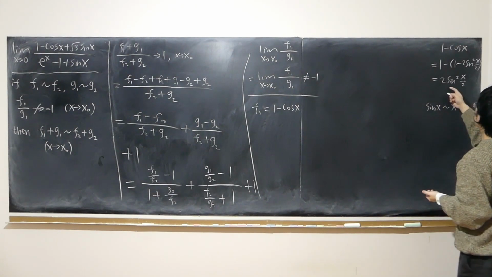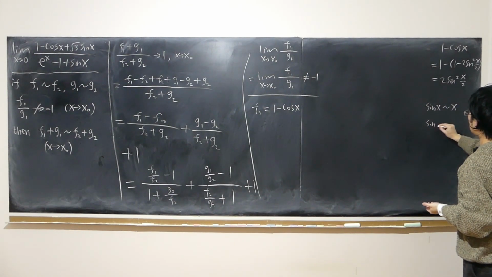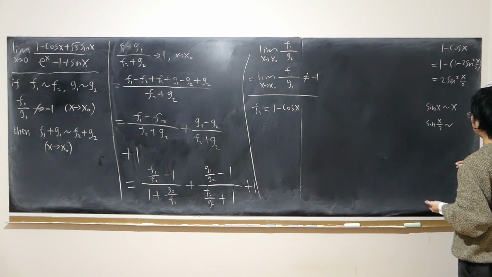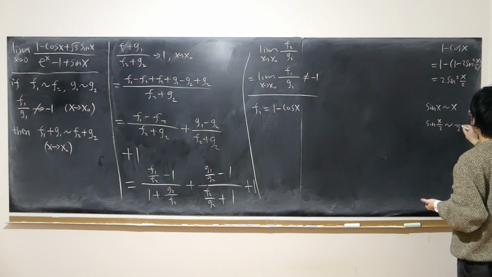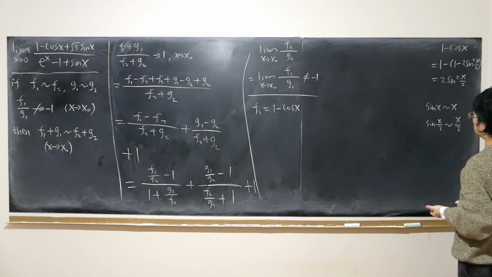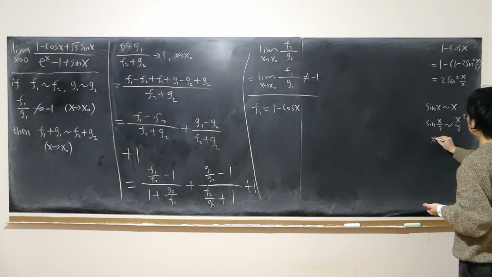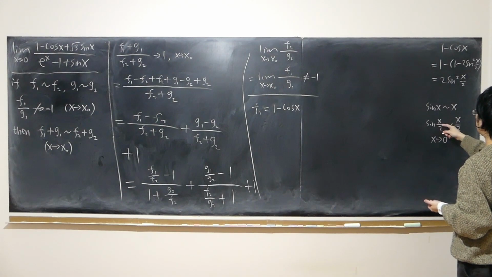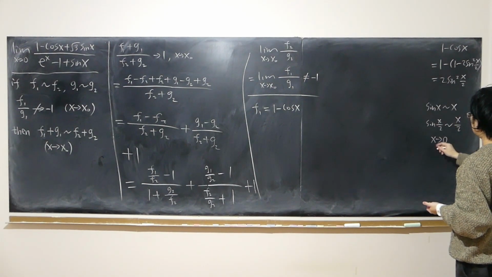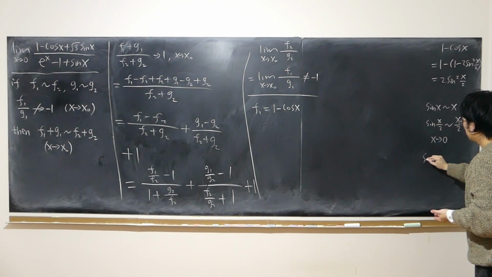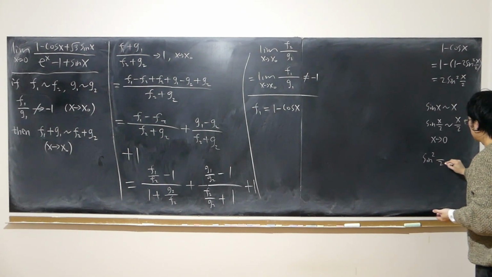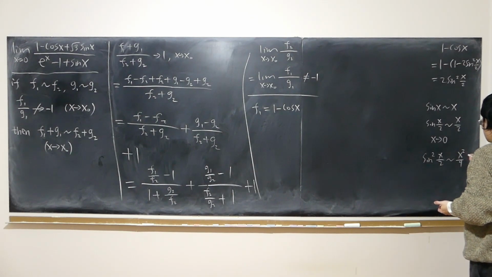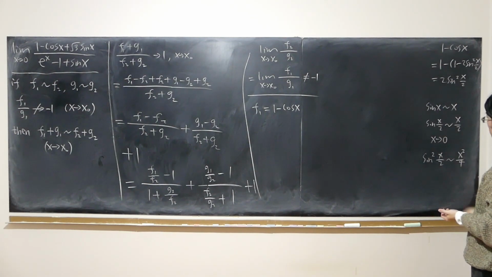Same thing, meaning sine of half of x is equivalently infinitesimal to half of x as x approaches 0. So if I square both sides, this is equivalent to x squared over 4 during the limit process.